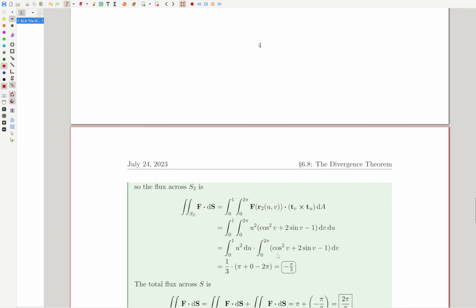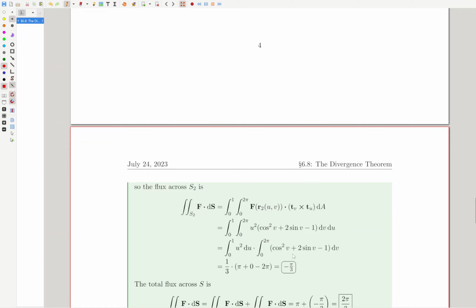Having done the integral from 0 to 2 pi of sine squared and cosine squared enough times, I know right away that's pi. This is going to go to 0 because this integral is capturing a full period of sine of v. And then this is going to be minus 1 times the length, so 2 pi. So this whole thing computes to minus pi over 3.